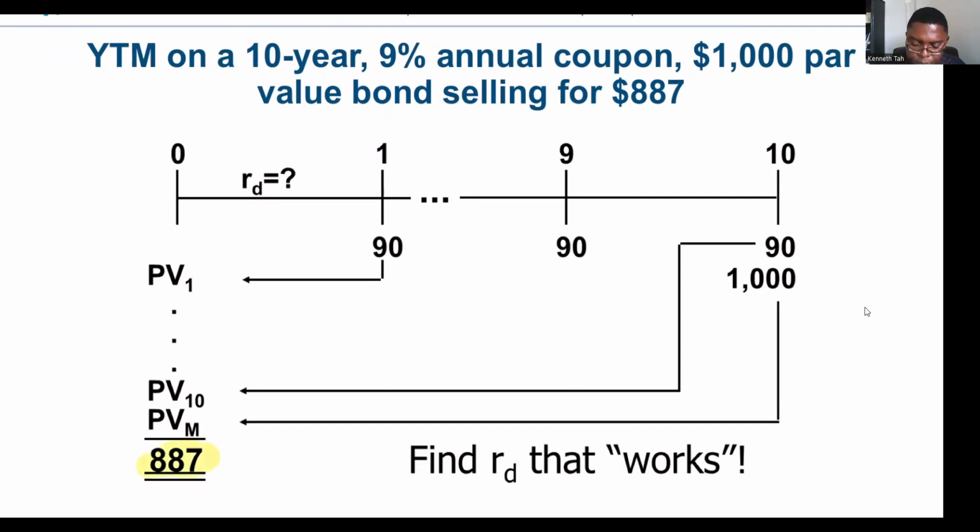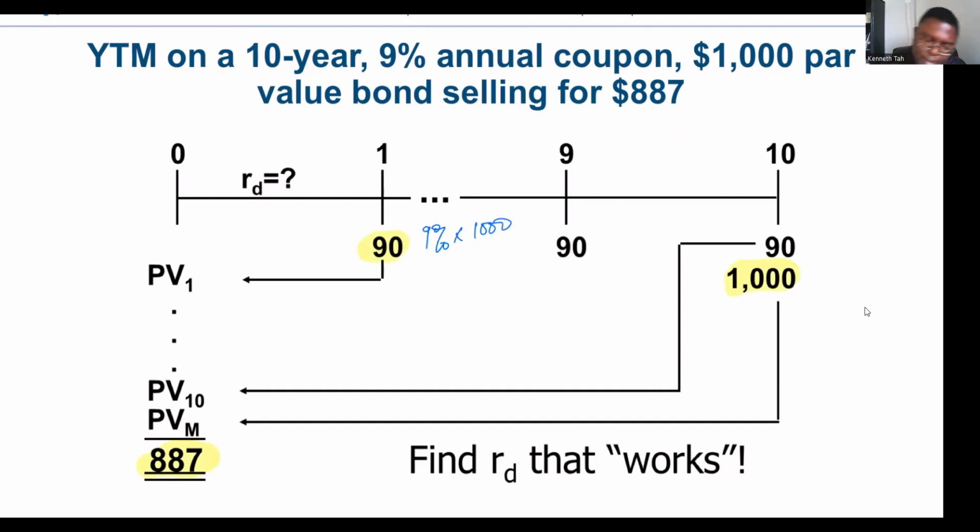The respective coupon is $90 because it is 9% of par, which is 1,000. And that is true year after year. Then we'll have the par value at the end of the life of that bond.